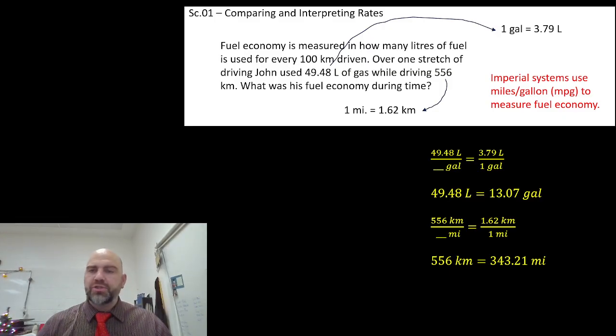We set this up in our ratio of miles per gallon, so miles on top, gallons on the bottom, and we're going to get 26.26 miles per gallon. So this is a way of describing our fuel efficiency in miles per gallon, which is an imperial measure, compared to the metric liters per 100 kilometers. They're just two different ways of measuring our fuel economy.